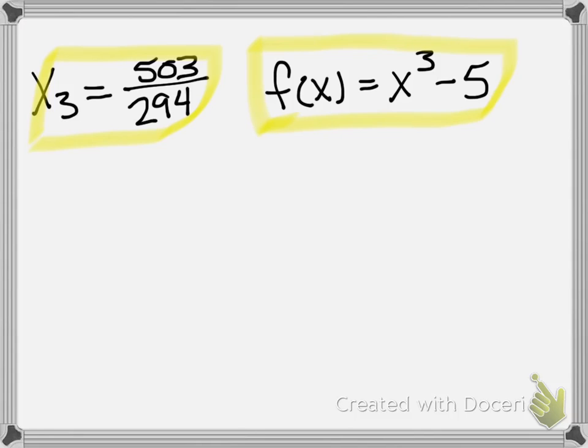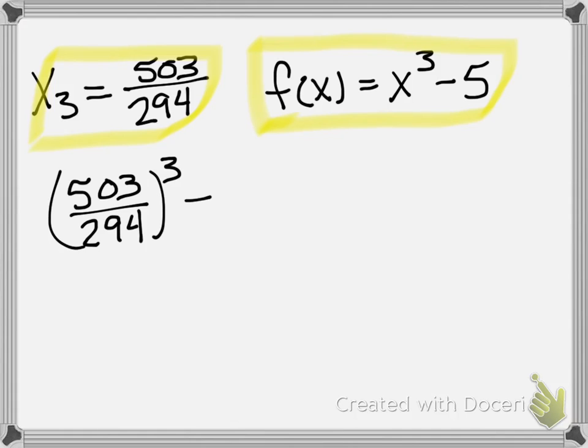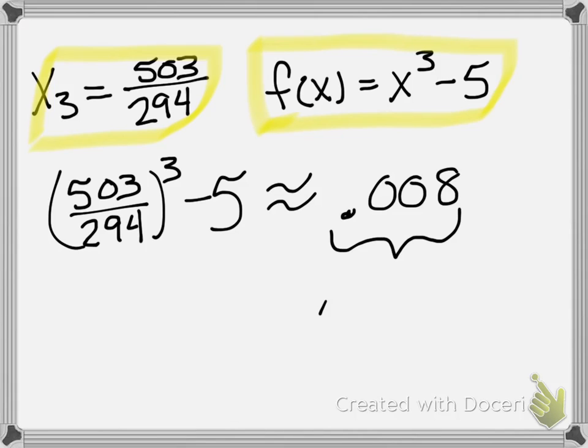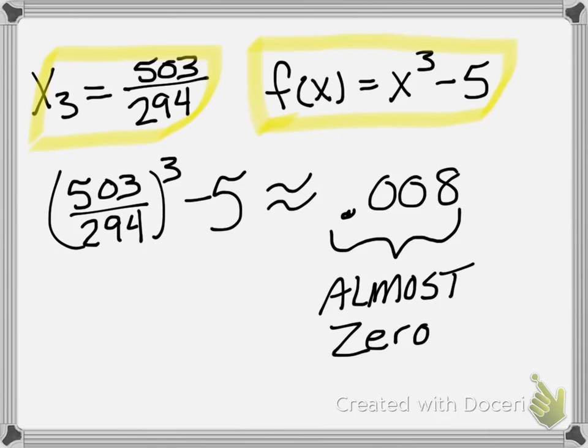So just substitute in the x3 for your x and get 503 over 294 cubed minus 5, and just plug that in your calculator, and that comes out to approximately 0.008, and as you can see, that is almost 0. So that one checks out as well, and we should be good there, and we'll get ready to do the next problem.